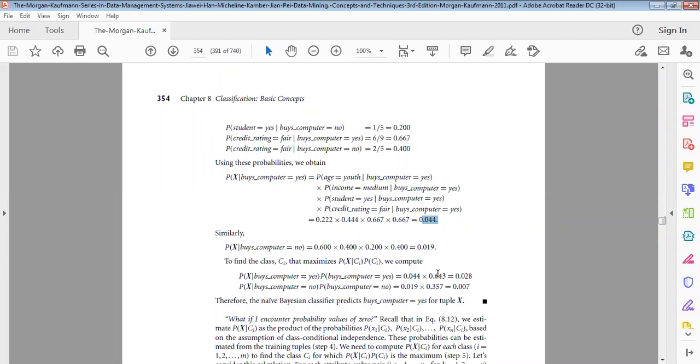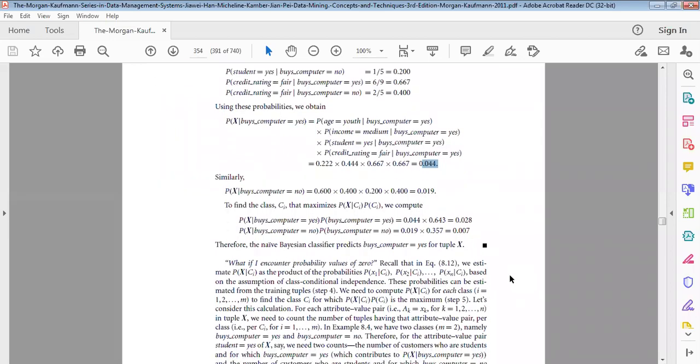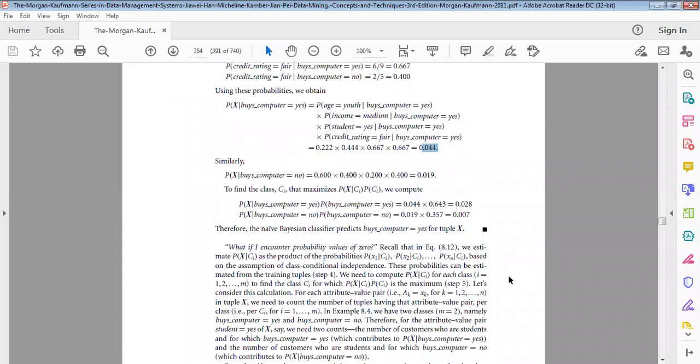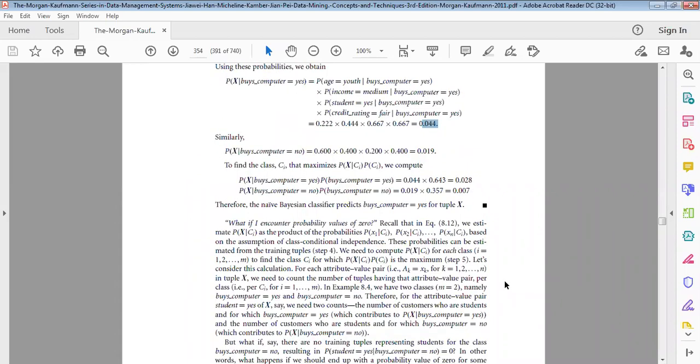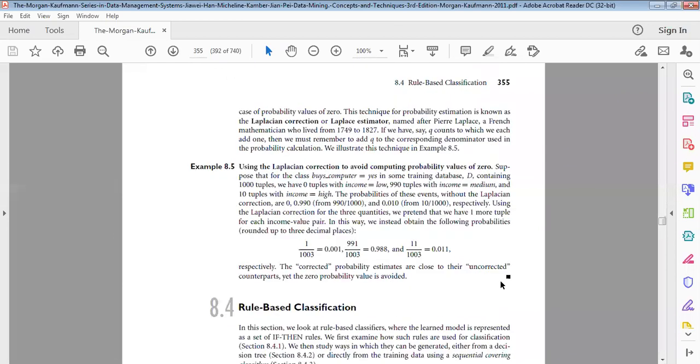That is the probability: you want to buy the computer or no? Just by asking the questions, based on that condition, they give the answer. You can identify he wants to buy the computer or no. So that is what you have to analyze. That is the basic classification methods as well as advanced classification methods.